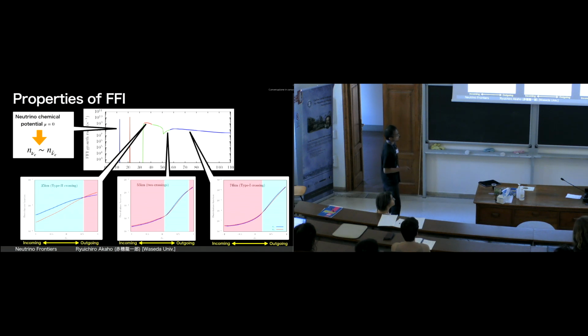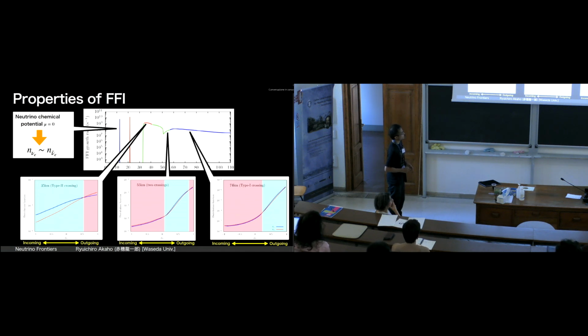So that's type 1 crossing, and that one called type 2 crossing is the opposite one, where in the outgoing direction, the anti-electron type neutrino is dominant, and electron type is dominant for the incoming direction. And this green one denotes the crossing type which cannot be categorized to either of them.